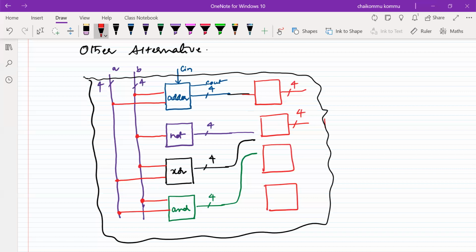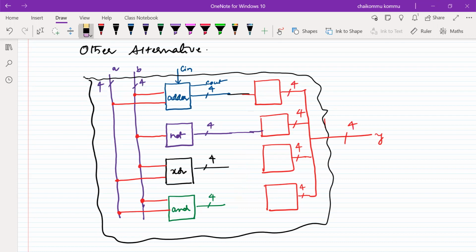Now, as we have seen in the previous classes, it is possible to take a common line among these 4 buffers and consider it as the 4-bit output data. So I can remove this and consider this input and this input. What I have taken is buffers. Direct connectivity is not possible, therefore I have to go for buffers.